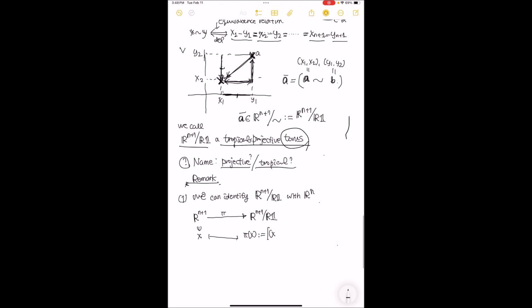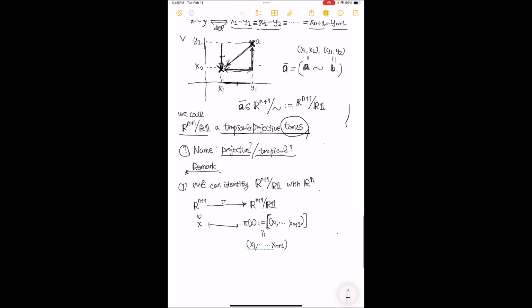If we denote this as a representation, in the case of xn plus 1, without confusion, let's define that just like this.